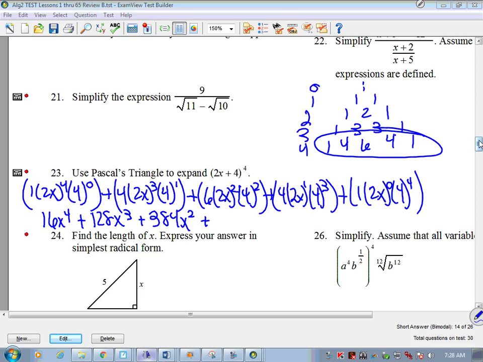And then we've got 4 times 2 times 4 cubed, which is 512x. And then 1 times 2 to the 0, which is 1. So really all we have there is 4 to the fourth, which is 256. So I'm going to check on this. Hopefully we're right. 16x to the fourth, 128x cubed, 384x squared, 512x plus 256. Answer is this right here.